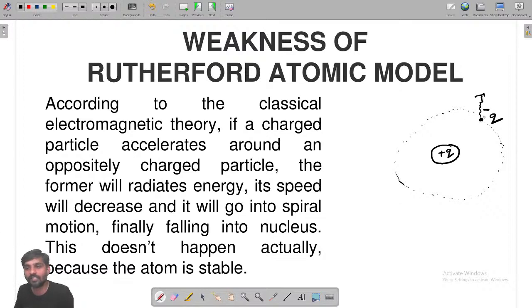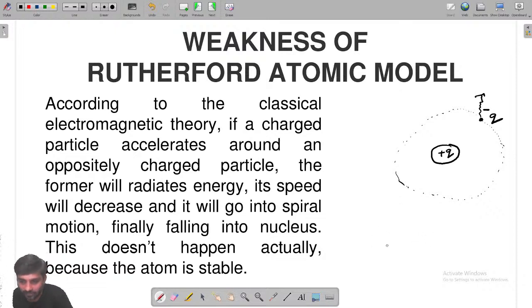Earlier we had discussed that when the electron is coming towards the nucleus, its energy decreases. So when the electron loses energy, it comes closer to the nucleus.